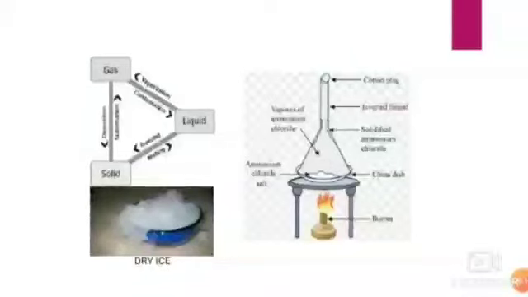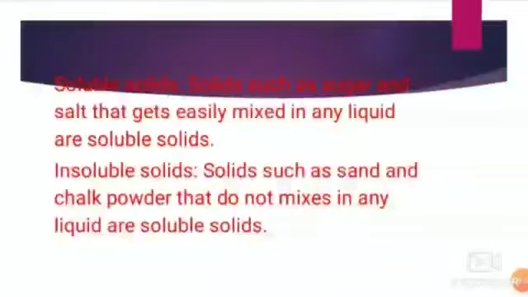The vapors will solidify, and all the solid ammonium chloride, by the process of deposition, will collect on the mouth of the funnel, and all the salt will be there in the china dish. So this is how we can separate the components of a mixture wherein one of the substances has the property of sublimation.